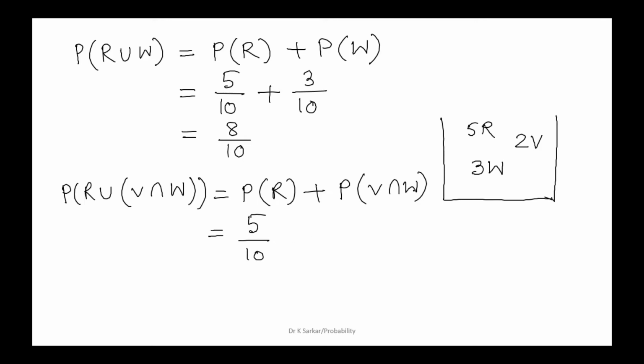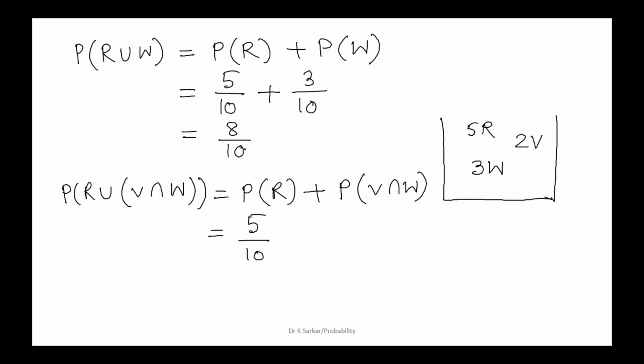V intersection W is empty because they are disjoint sets. Therefore, the probability of V intersection W is 0. So we have probability of R union V intersection W as 5 by 10.